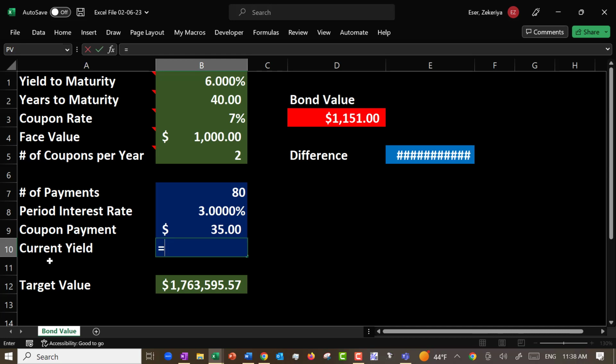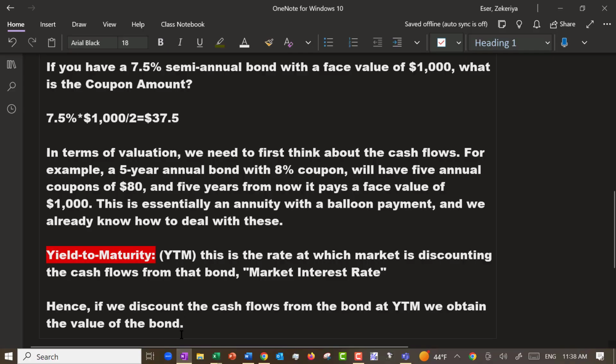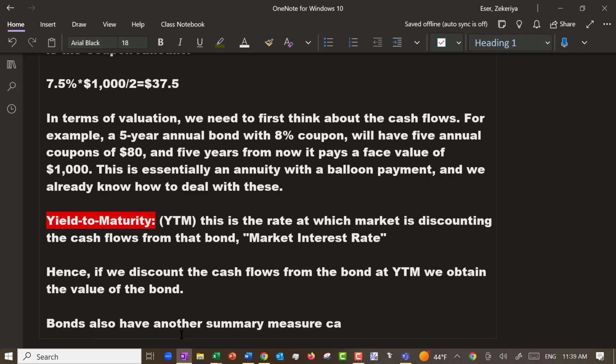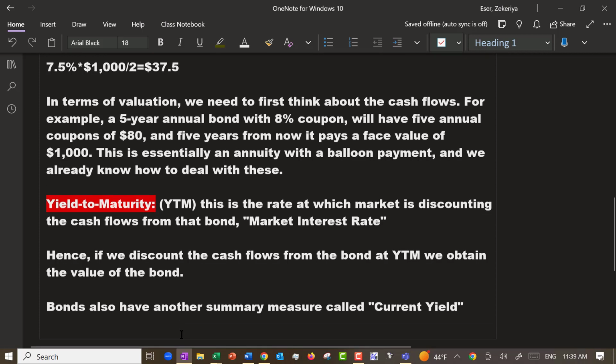Bonds also have another summary measure called current yield, which is equal to amount of annual coupons divided by bond value.